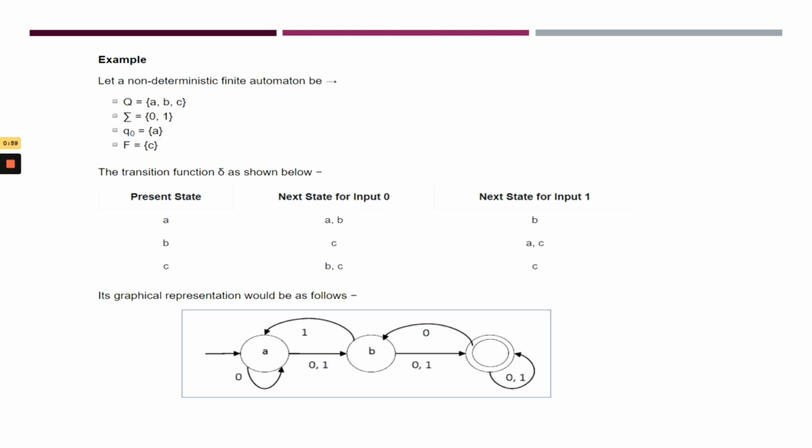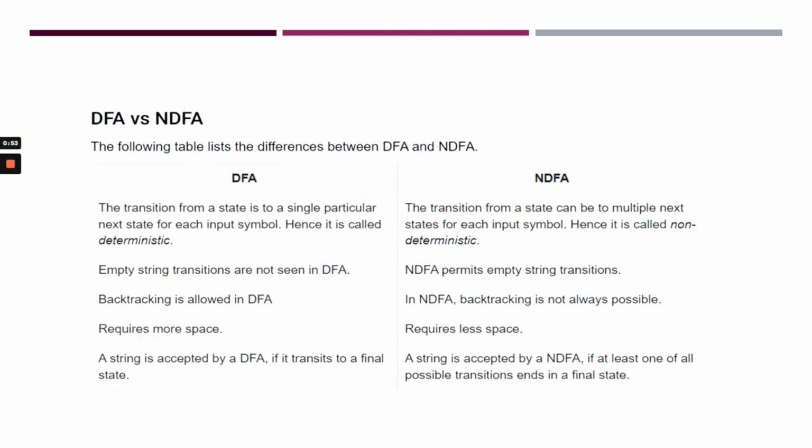Have you observed the difference between the NFA and DFA? Let us see the differences. The following table lists the differences between NFA and DFA. For DFA, the transition from a state is to a single particular next state for each input symbol. Hence, it is called deterministic. For the NFA, it has multiple next states, so it is called non-deterministic.